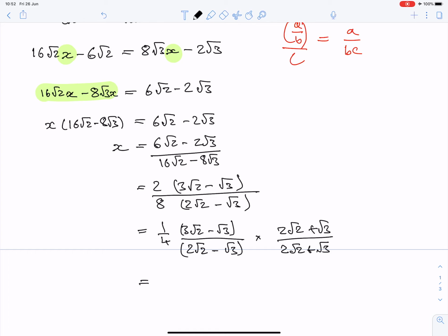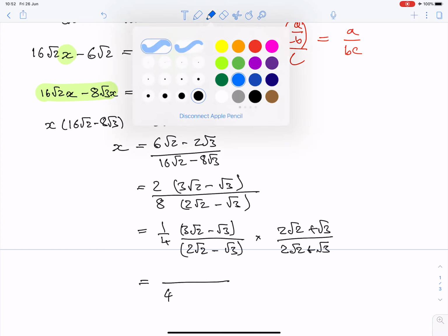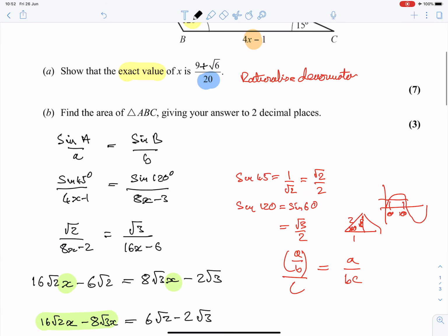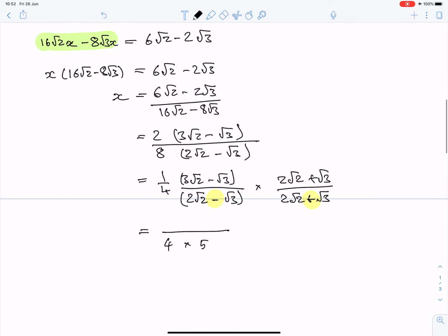So on the bottom, we've now got 4 times, well, hopefully you recognise this as the difference of two squares. 2 root 2 squared is 8, minus root 3 times root 3, which is 3. So it's 4 times 5. Quite like that, because that's going to give us 20, which is what we were looking for up here. Okay, so that's encouraging at this stage.